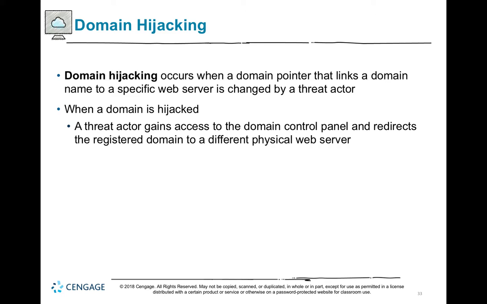If it's running Apache, it's in the configuration to say www.sentry.com is this application, or D2L is this application, and so on and so forth. So if you can change that configuration and redirect people somewhere else, then that would be domain hijacking.